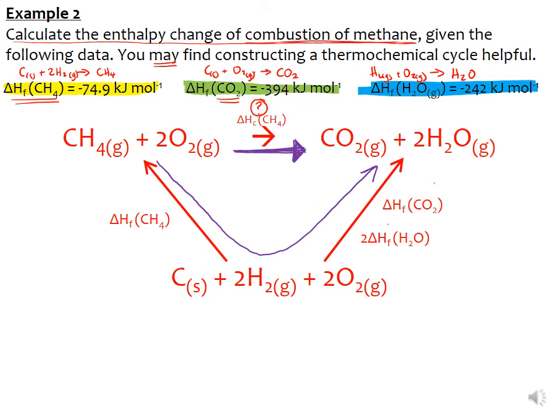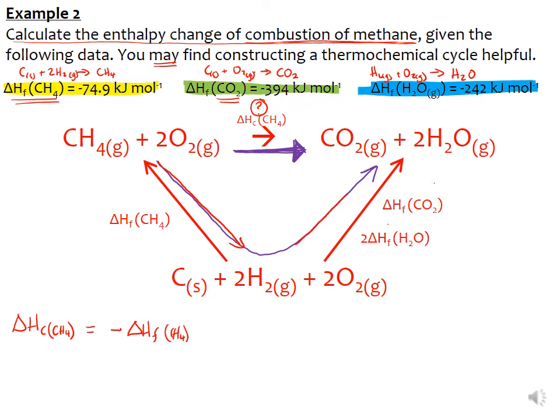So what's the working for this then? Well, we want to work out delta HC for methane, and looking at our route, we're going to be going this way around first. So we're starting off going in the opposite direction to the delta HF for methane. So this is going to be minus delta HF for methane, because it's the other way, the other direction, the opposite way to the arrow.